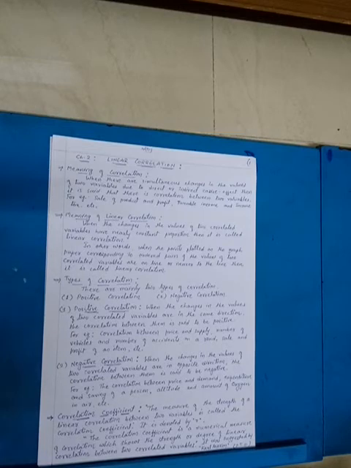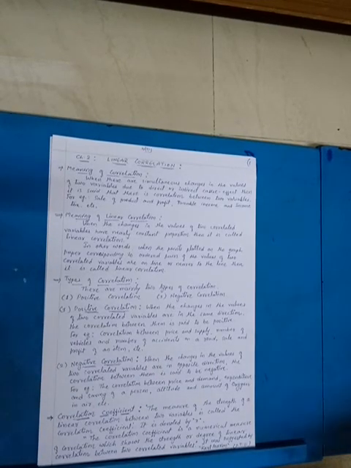And examples of negative correlation: the first one which we have discussed, price and demand. If price increases, then the demand decreases, and if the price decreases, then the demand increases. So opposite direction changes, one will increase, the other will decrease. Similarly, another one is expenditure and saving of a person. If expenditure of a person increases, then the saving decreases, and if expenditure decreases, the saving will increase.